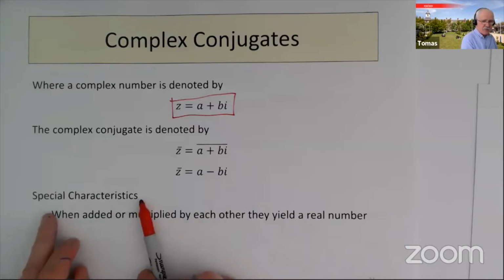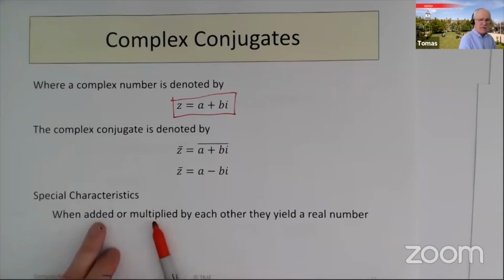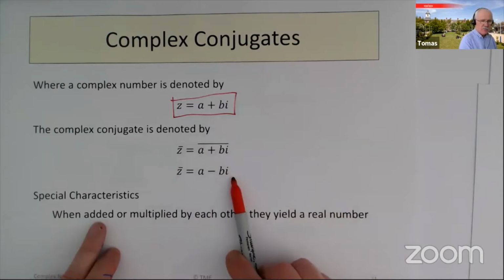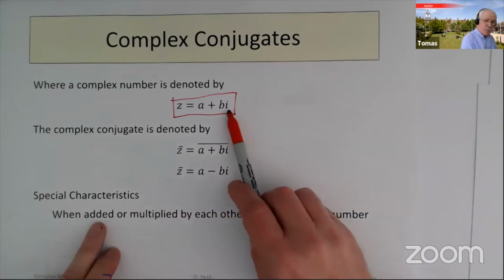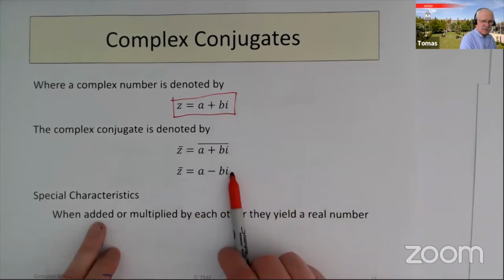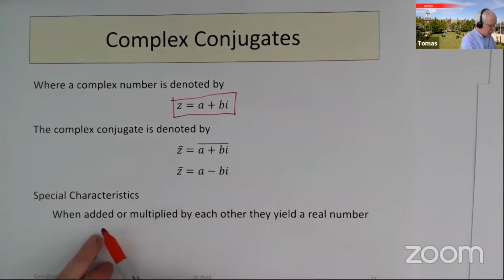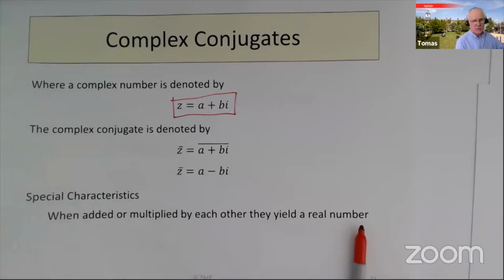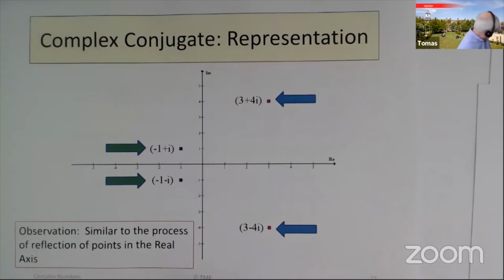And the special characteristics of these complex conjugates are really powerful. They have two really cool special characteristics. One is when you add a number to its complex conjugate, you'll have no imaginary bit left. And also when you multiply one by its twin, its complex conjugate, you get no imaginary bit left either. So when added or multiplied by each other, they yield a real number, no imaginary component, which is really cool. And we'll see why that's important in a minute.